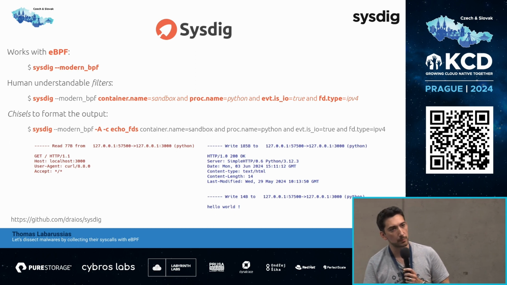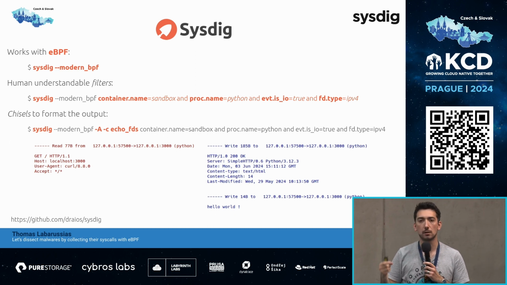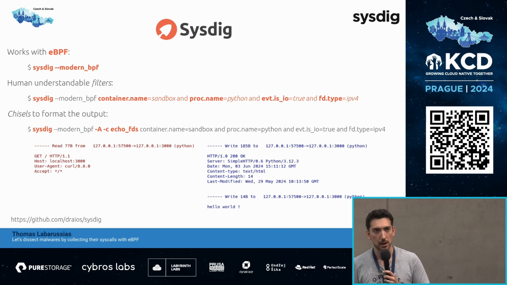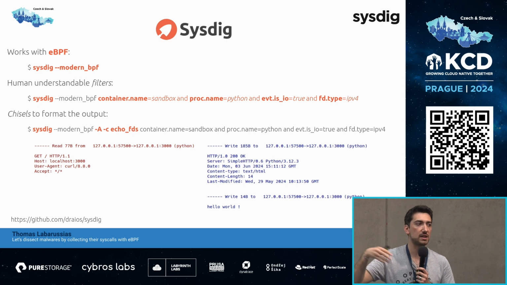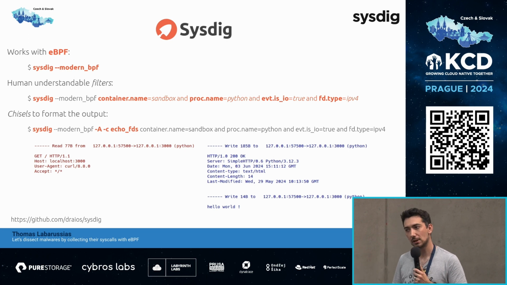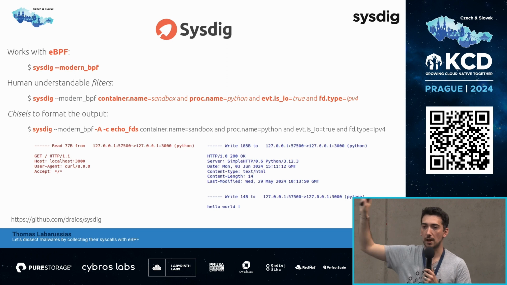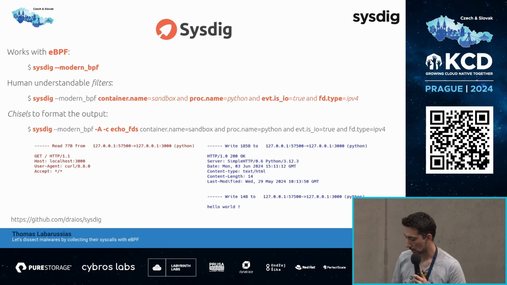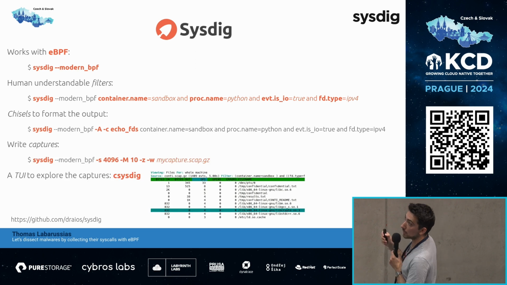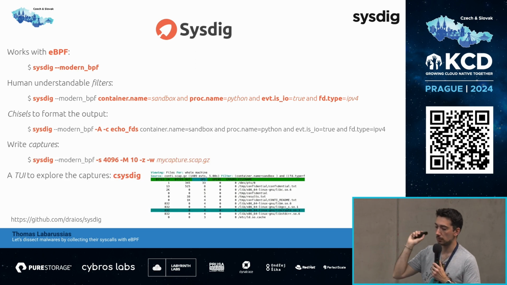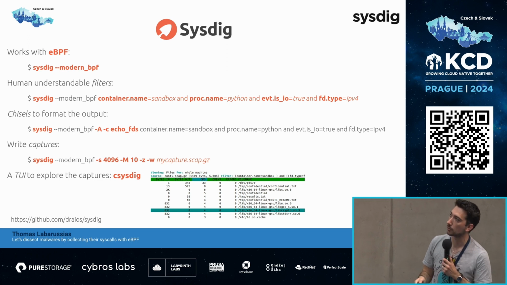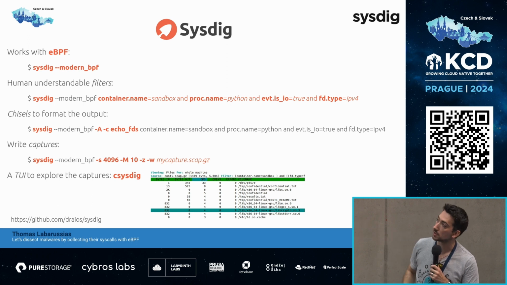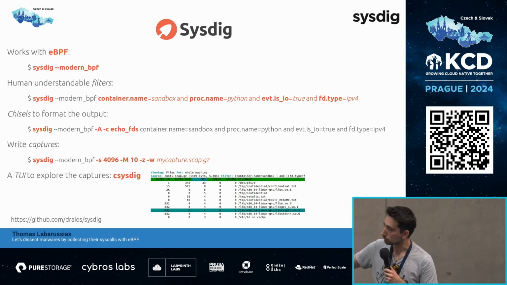If you're familiar with tcpdump, you know we can collect the HTTP packets, and then with a complicated command, we can have the input and output. With just that command, you can have the exact same thing in a much, much easier way. And we also provide a terminal user interface if you want. If you're not really familiar with the filters and the chisels, you can use the TUI.